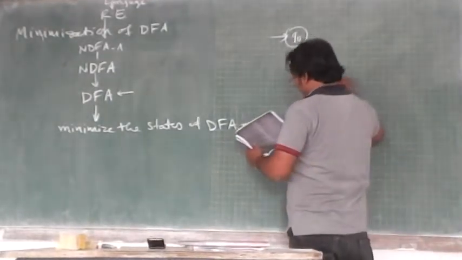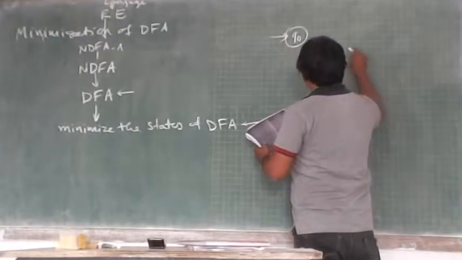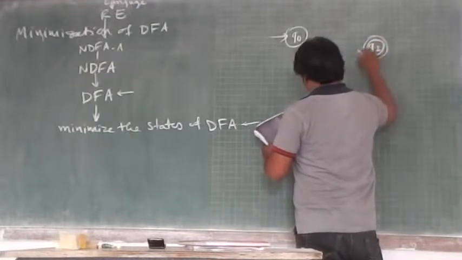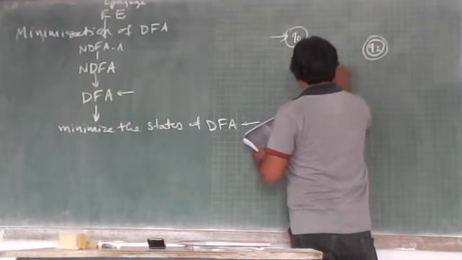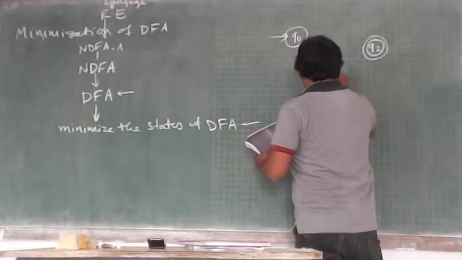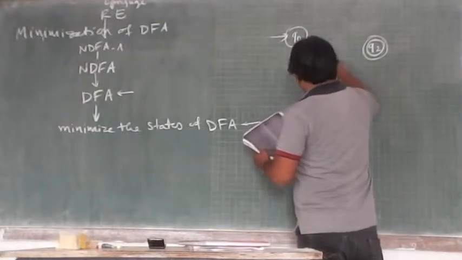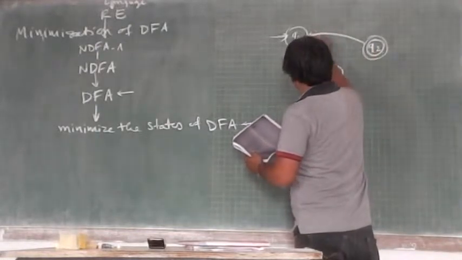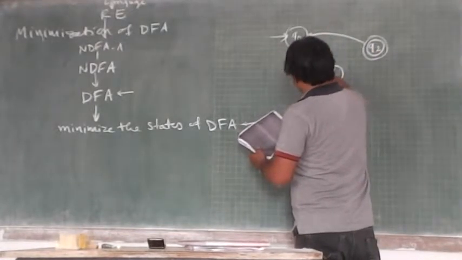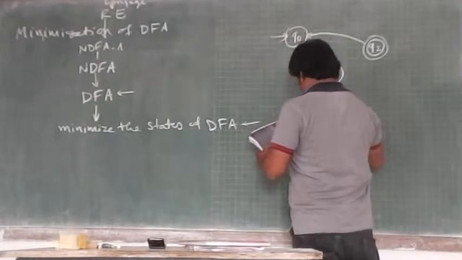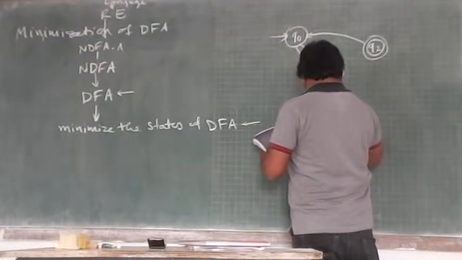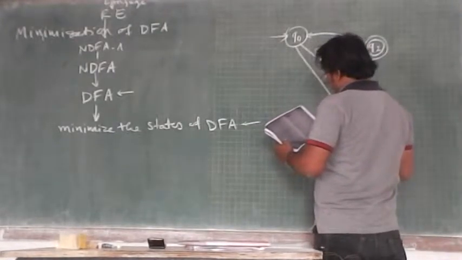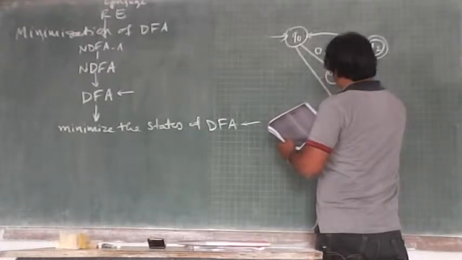Q0, Q2, Q1 is the state. From Q1 for 1, you are going to Q2.